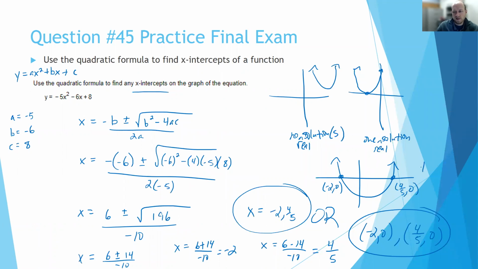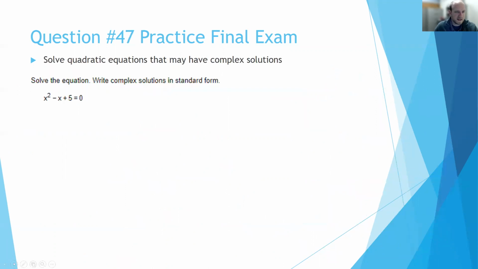This one would be 2 real solutions. Complex solutions are when the quadratic does not touch the x-axis. That's when that occurs. And then we'd also need to write the complex solutions in standard form, which we remember is a plus bi.